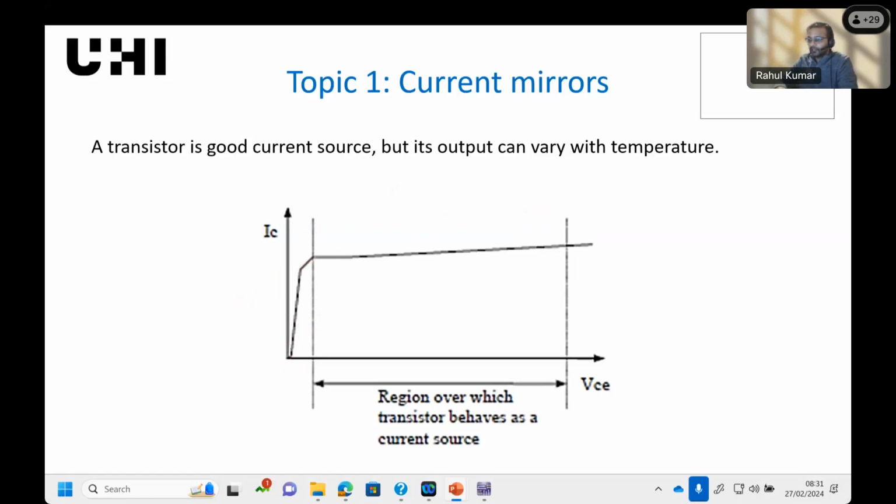Something like these kind of curves, one above the other for different values of base current. But in this slide, we will only have one curve. Okay.